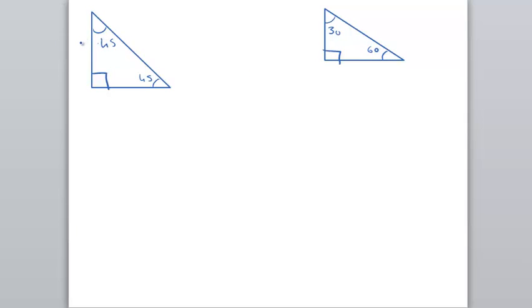So what was 45? k and k root 2, while 60-30 is k root 3, and here it is k, and in here it is 2k.